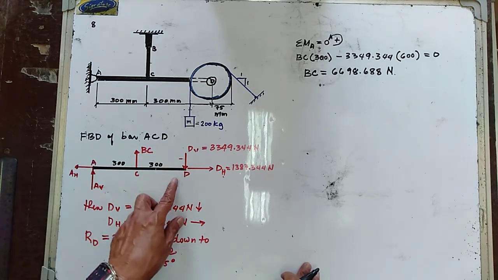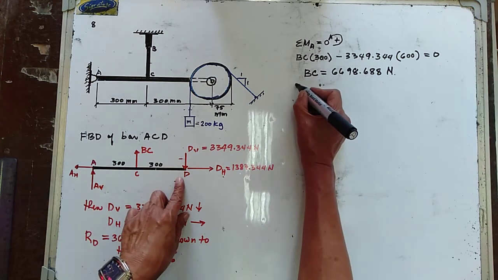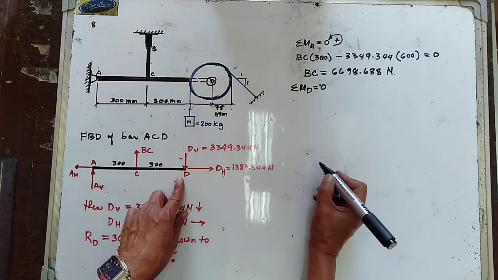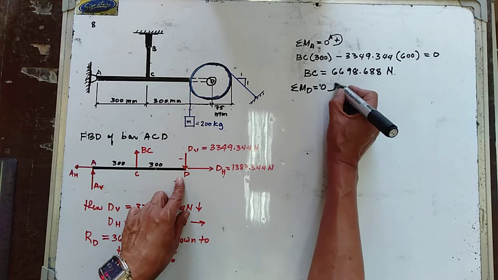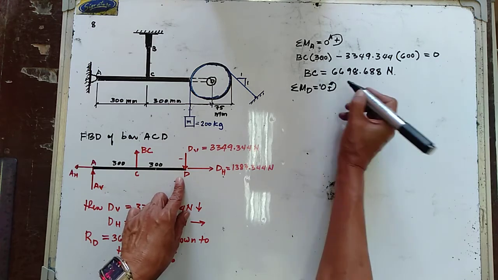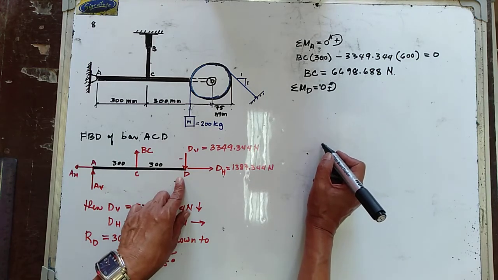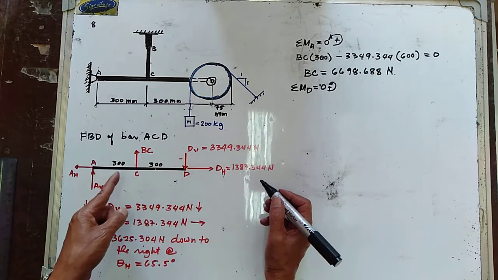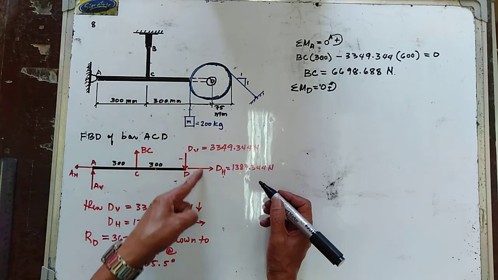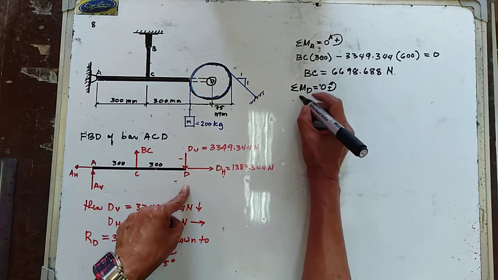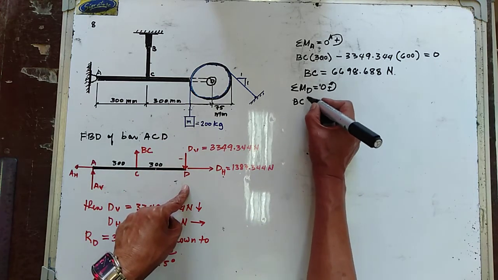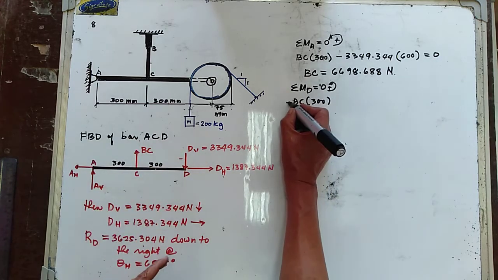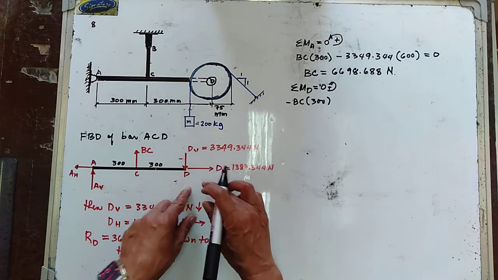Next, summation of moment about point D. Summation of moment about D is equal to 0. We have counterclockwise positive. So we have BC times 300, minus because that is going clockwise.